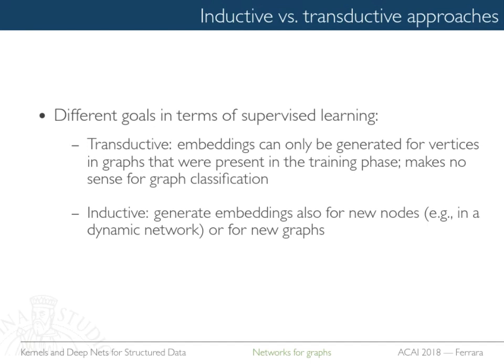In general, not in the relational case, but in general. So inductive means what? That I give you a new X, and you have to make your predictions. And during the training phase, you didn't even know what the X would be, what the query point would be for your system. Okay?